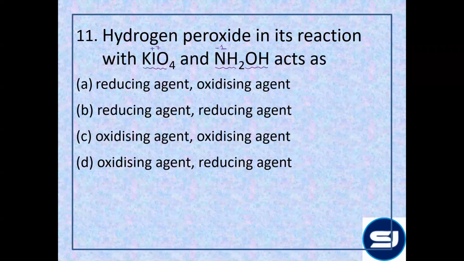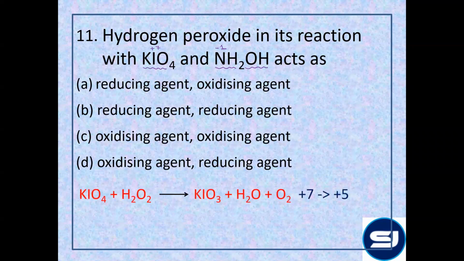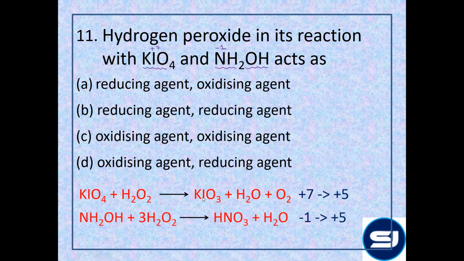So the correct combination is reducing and oxidizing agent and this is the reaction. जो potassium periodate है that reduces to potassium iodate and NH2OH का nitrogen will oxidize to nitric acid. So since the first reaction is basically having the reduction of KIO4, peroxide reducing agent है, दूसरे में oxidation है, तो it's an oxidizing agent. Answer is A.